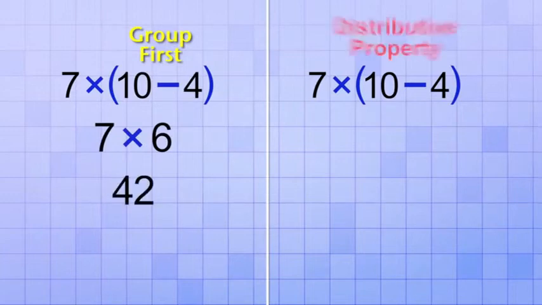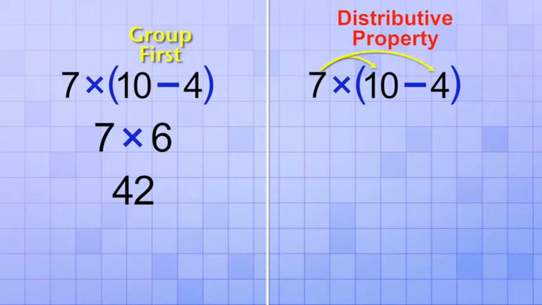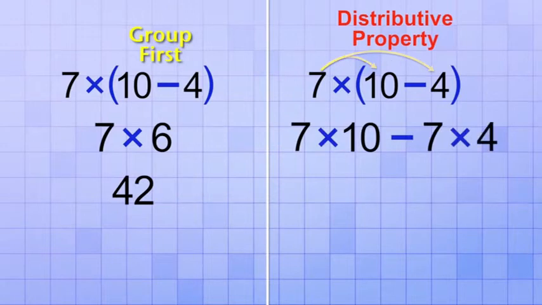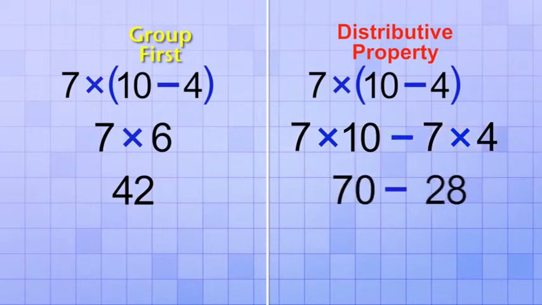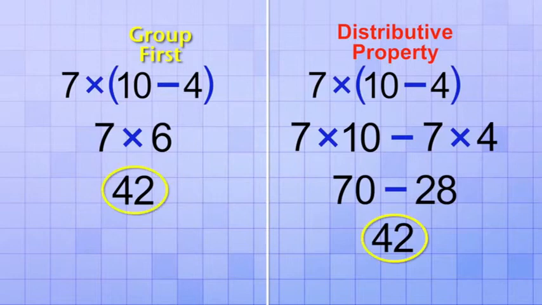Or you could use the distributive property. You distribute the 7 times to both members of the group to get 7 times 10 minus 7 times 4. 7 times 10 equals 70, and 7 times 4 is 28. And 70 minus 28 equals 42. Again, both ways are equivalent.